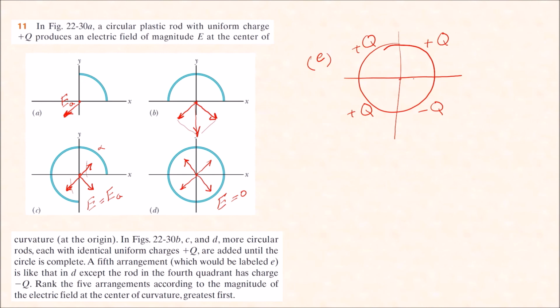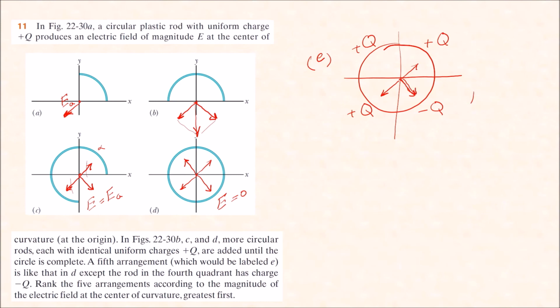Somebody said part E is the strongest. Let's see what happens. The first quadrant creates an electric field this way. The second quadrant creates an electric field this way, away from its center. The third quadrant, this way. And the fourth quadrant, because the electric field of the fourth quadrant will be toward its center, creates another one this way.